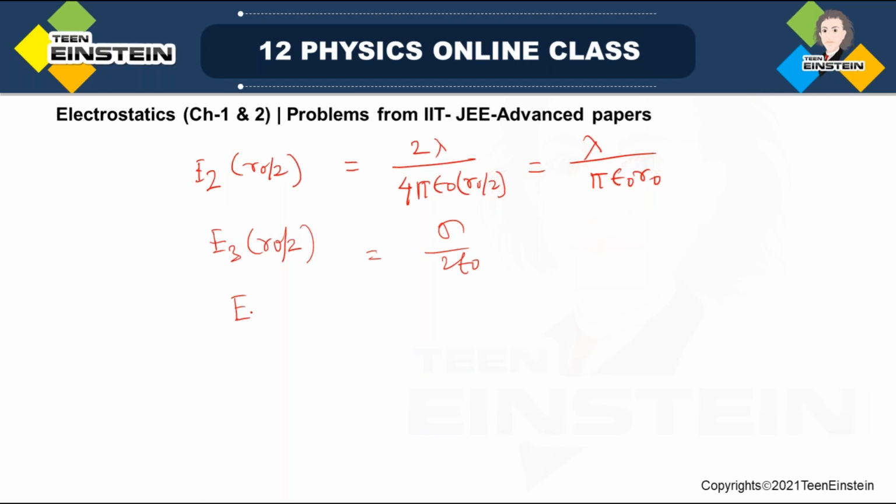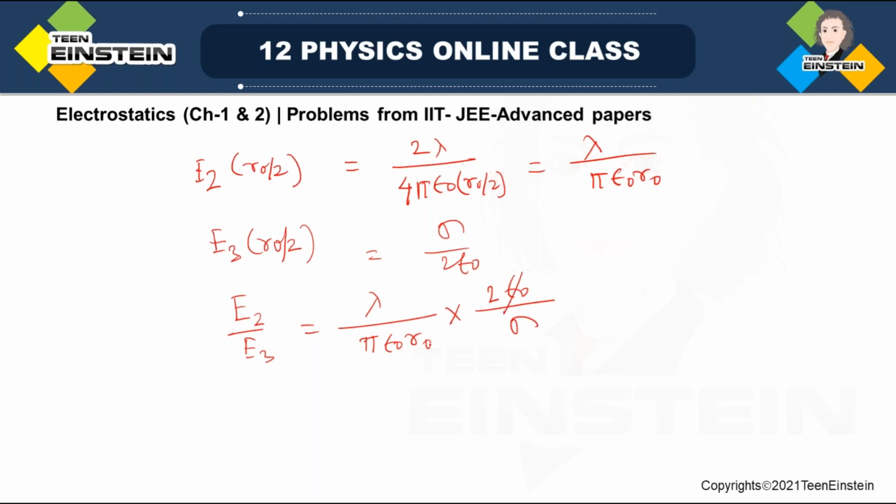Now if I take the ratio E2 by E3, that is lambda by pi epsilon naught R naught, and here it is 2 epsilon naught by sigma.